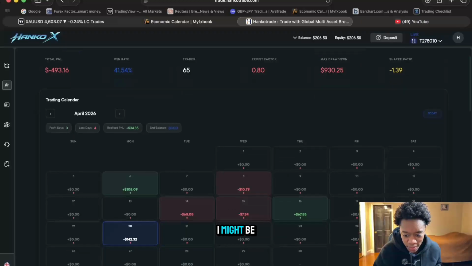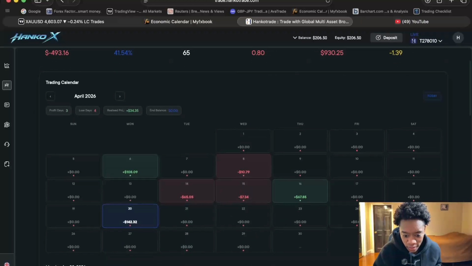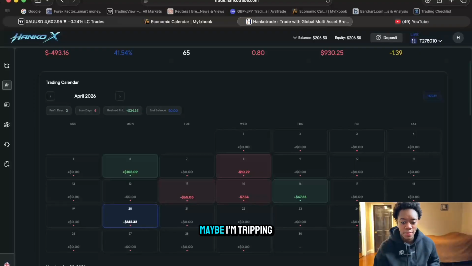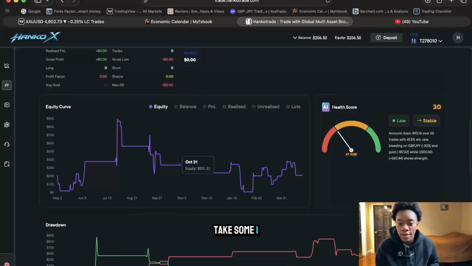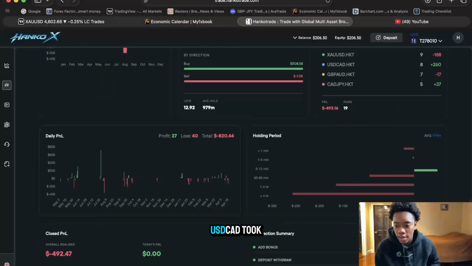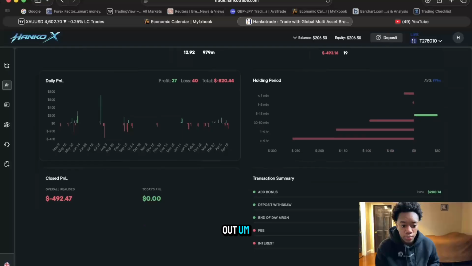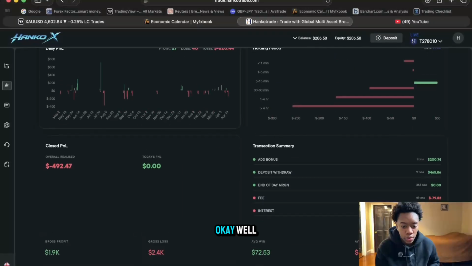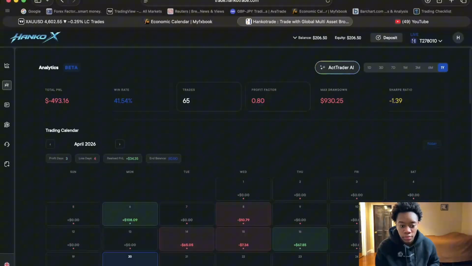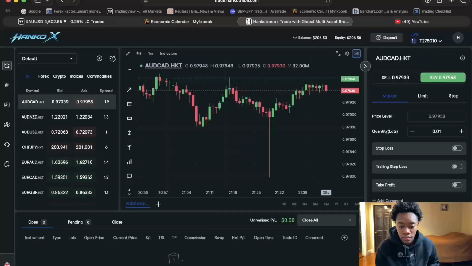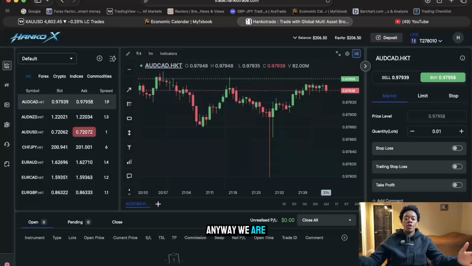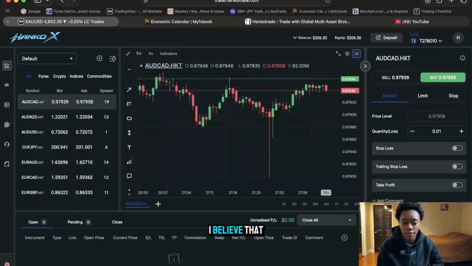Maybe I'm tripping. I probably did take some. I know it was USD CAD for sure. USD CAD took me out, and gold and USD CAD took me out. Well, whatever. Anyway, we are at 206.